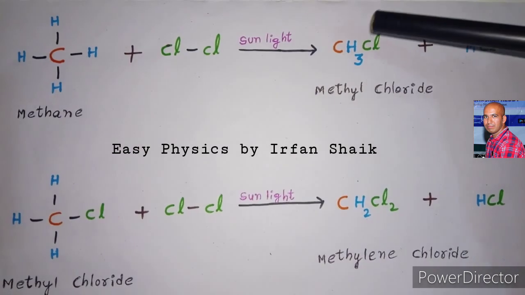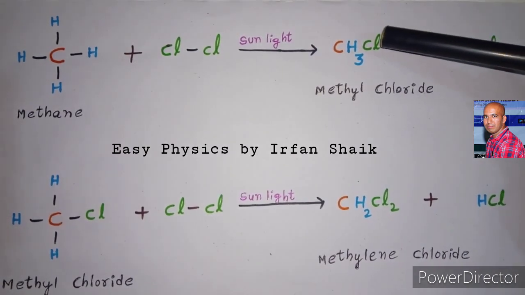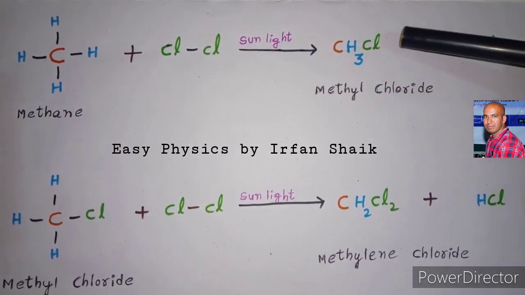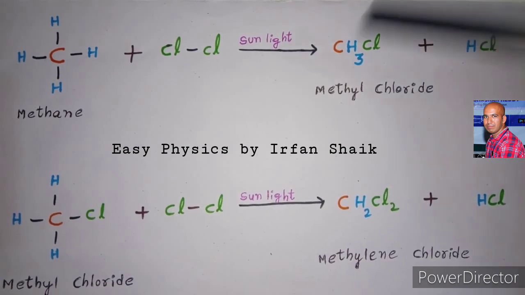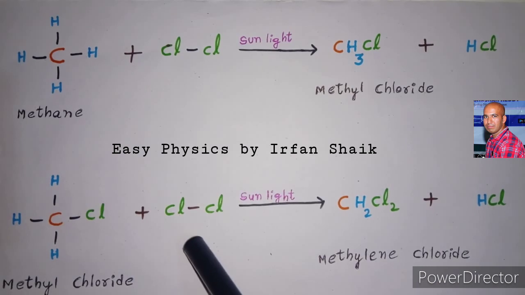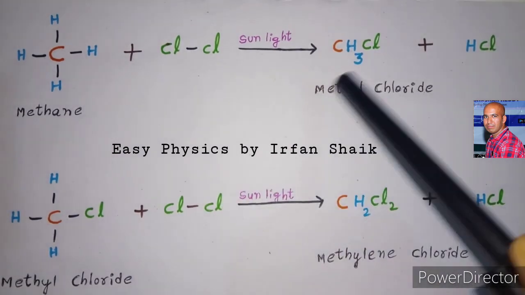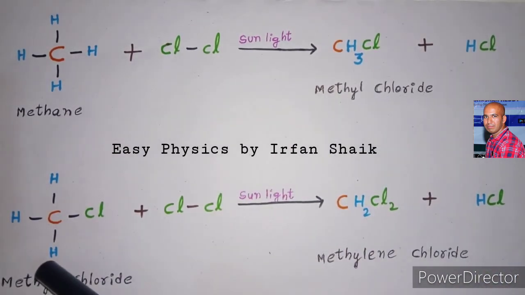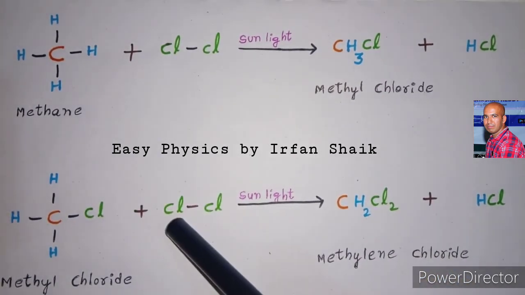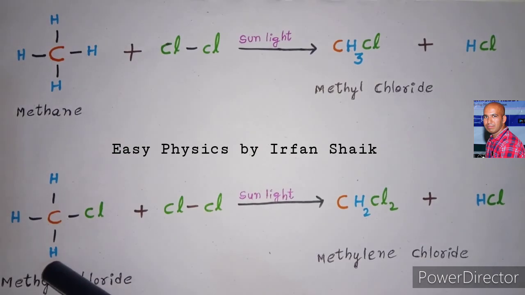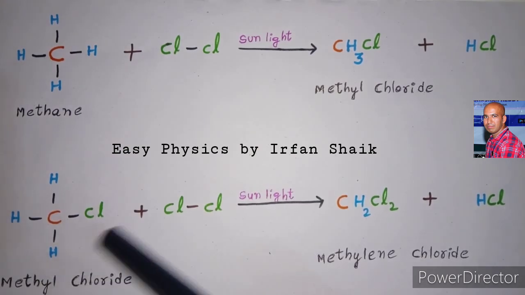Now in the second stage, this methyl chloride, which is formed in the first stage, reacts with a chlorine molecule again, and another hydrogen atom will be displaced.